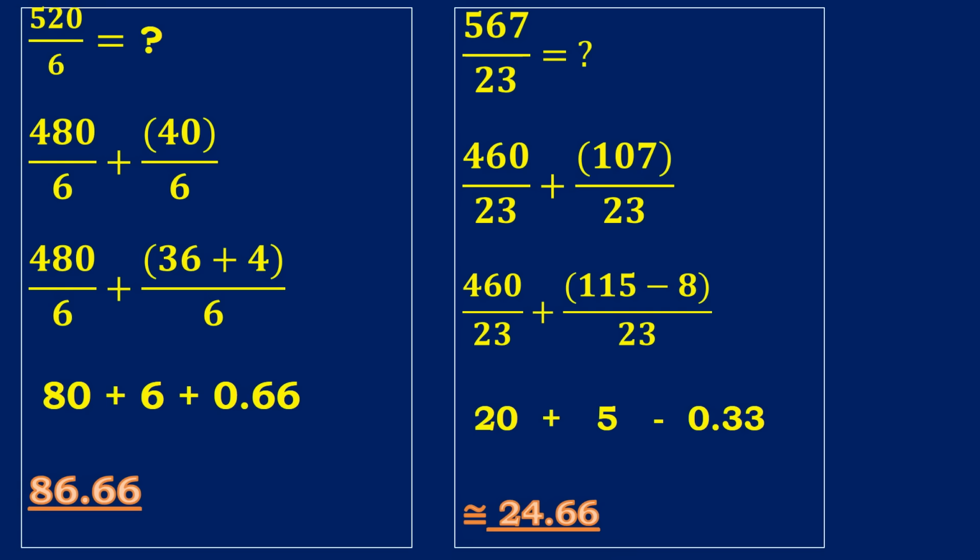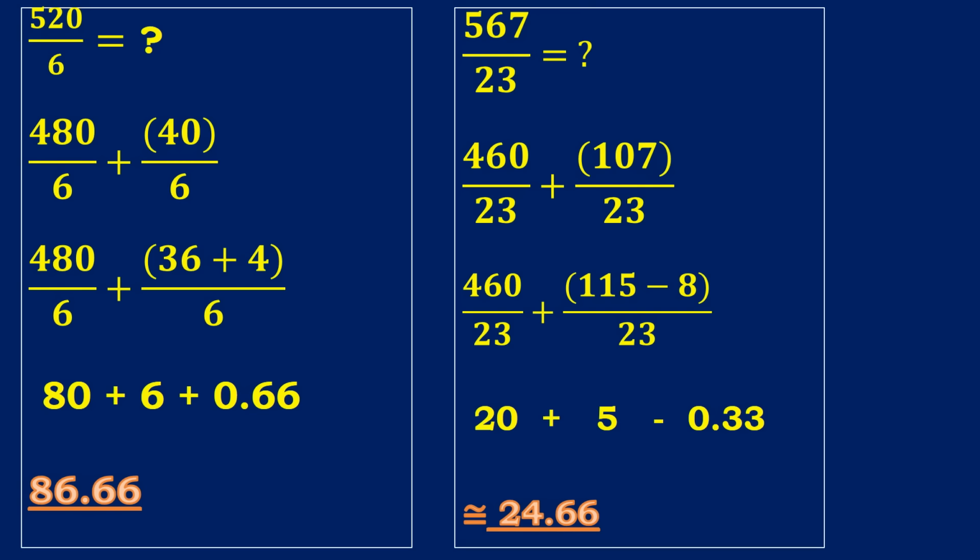The first example here is 520 divided by 6. We try to break 520 into two parts, and can be taken as 480 plus 40. 480 will be divisible by 6. So here, 520 should be taken as 480 plus 40 divided by 6.